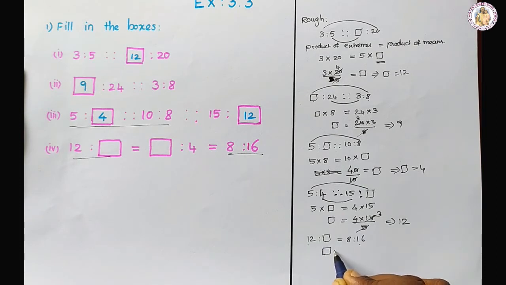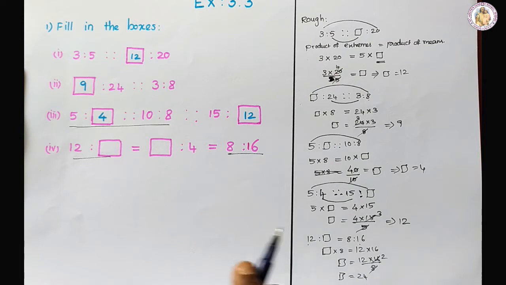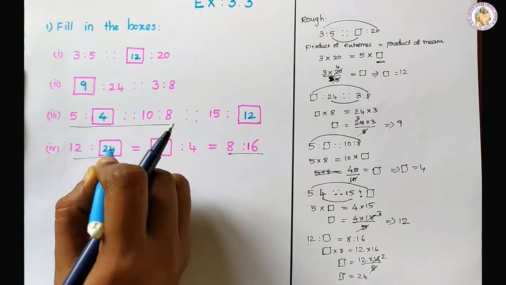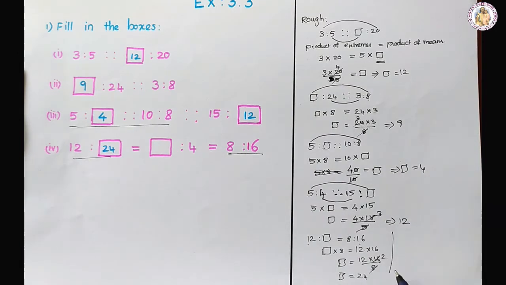So box into 8 equals 12 into 16. So box equals 12 into 16 divided by 8. Cancel, and we get 24. So that is 24.